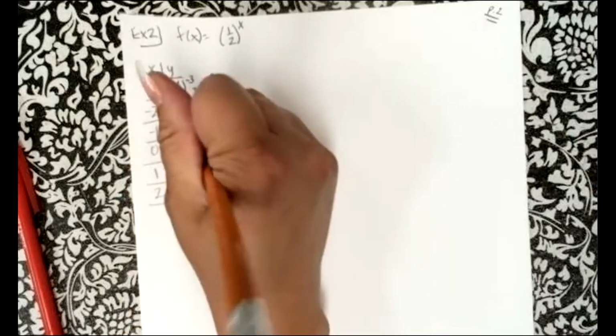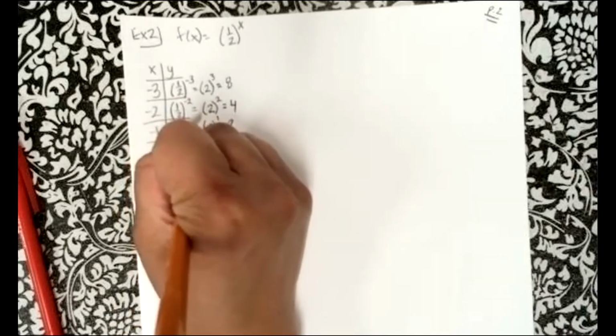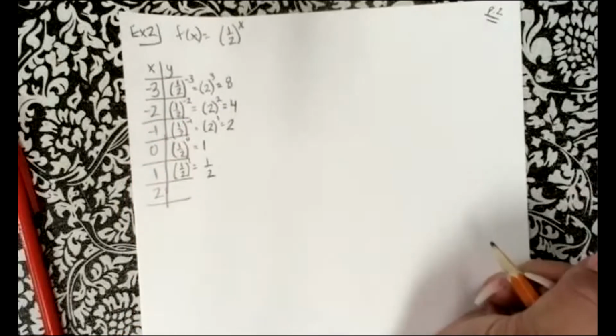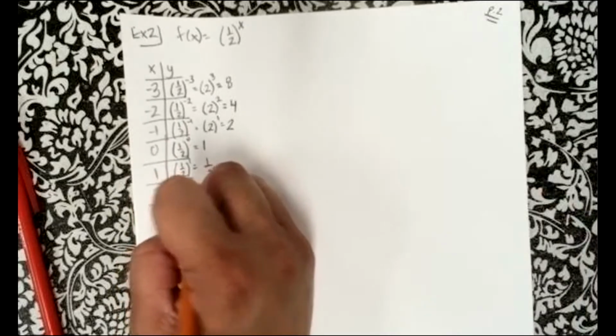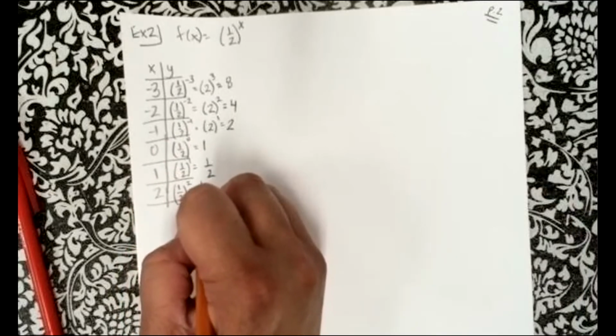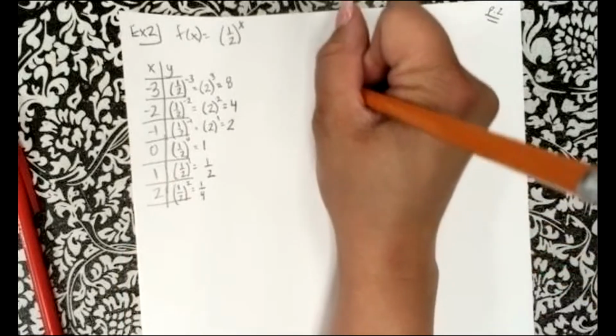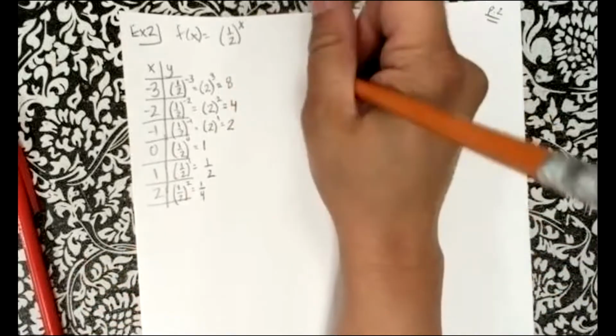Anything raised to 0 power equals 1. 1/2 to the 1 is just 1/2. Now 1/2 squared, 1 squared is 1, 2 squared is 4. Once again, I want to make sure I go all the way up to 8.